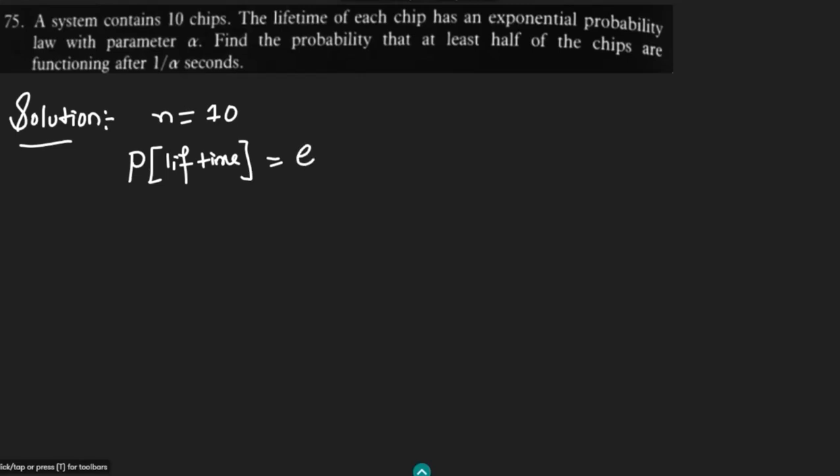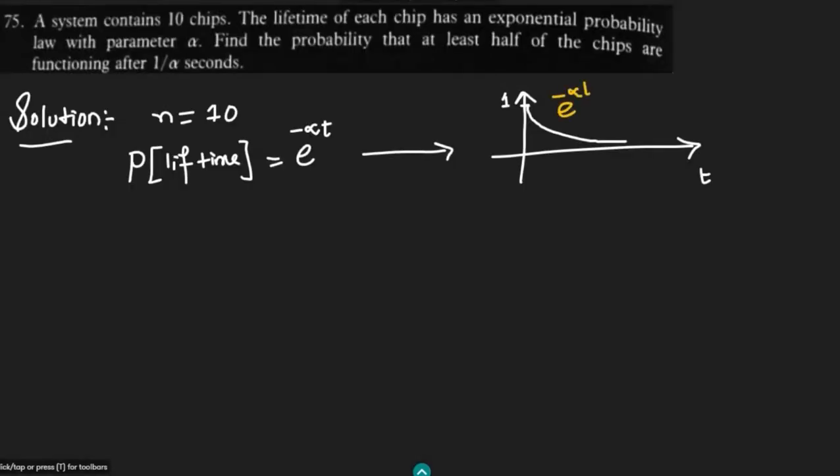So I have here e to the power minus alpha t because it is following the exponential probability law, and according to this law it also shows the probability distribution, if it is t with the initial value equal to 1, and it will decay slowly. Therefore this is the exponential of minus alpha t.